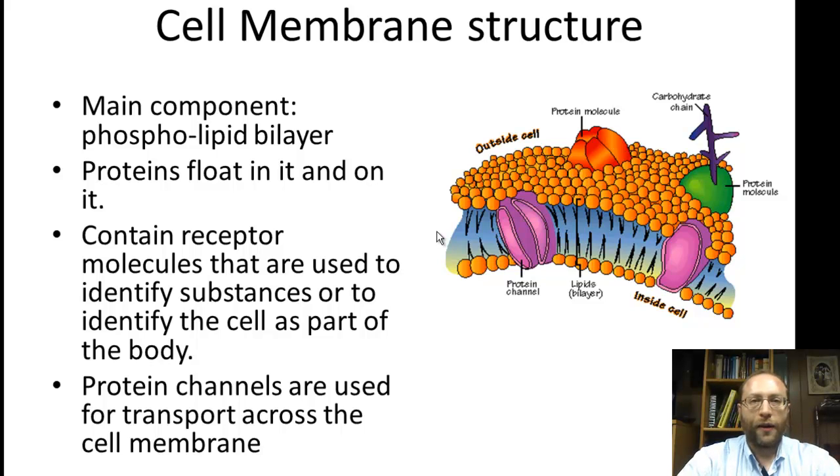It's just like a lock and a key. The receptor molecule is like the lock, and if the substance fits into the lock like a key, then the receptor molecule identifies it and lets it through the protein channel. If not, it won't.